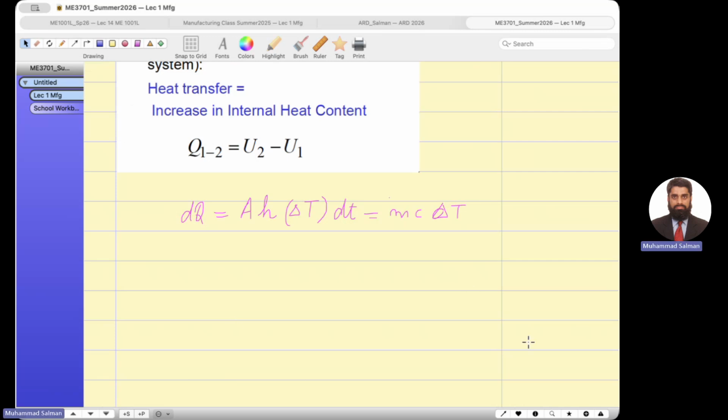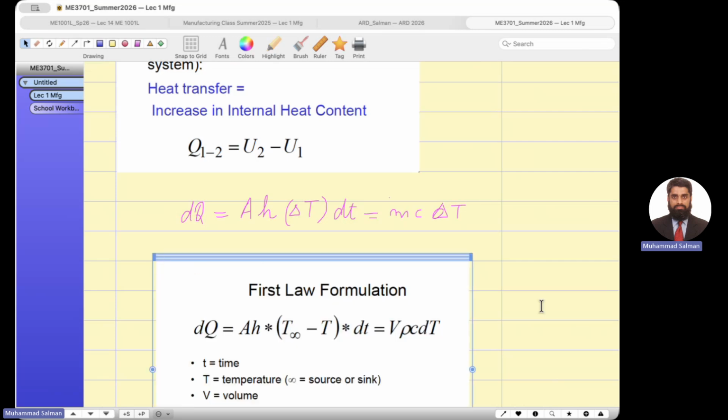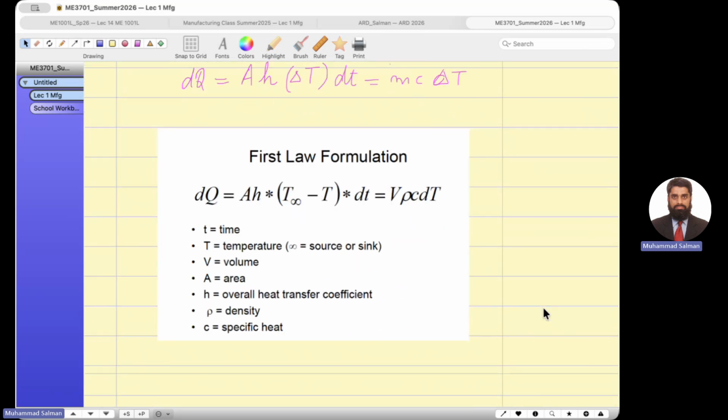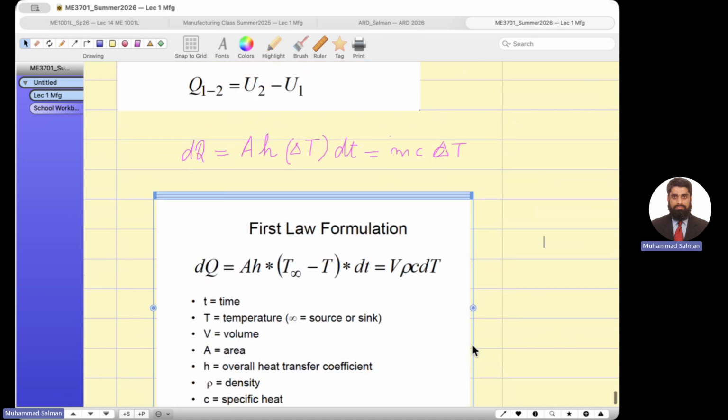You see the same equation comes. Conduction is happening inside the molten material, and convection is happening outside in the air, at the outside surface temperature. You see my point? Now from here you have to find the formula.